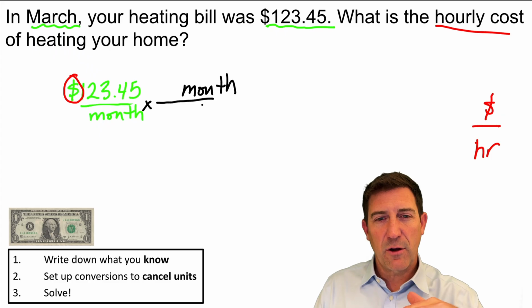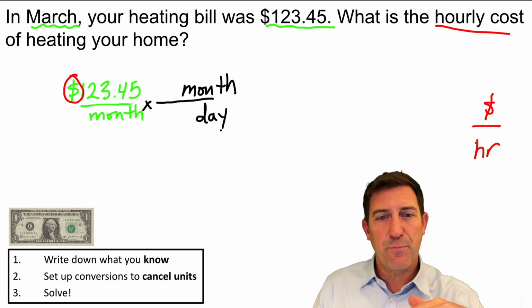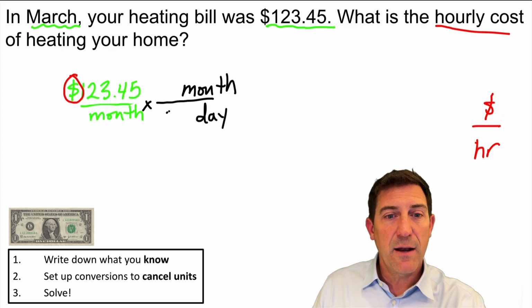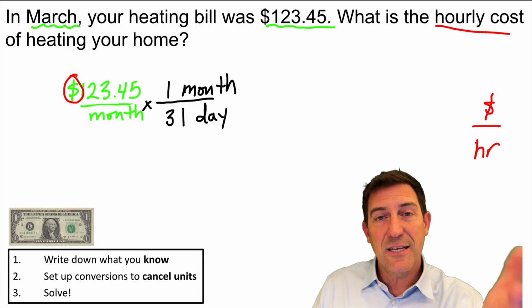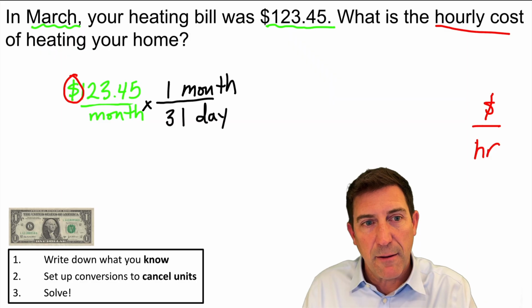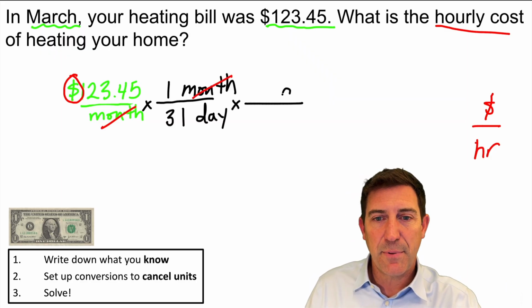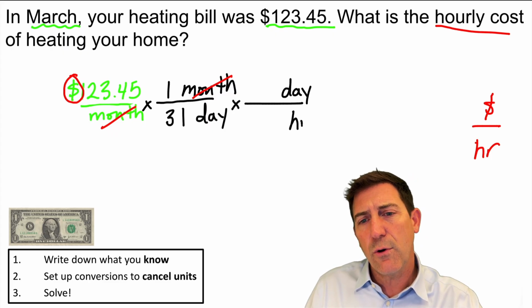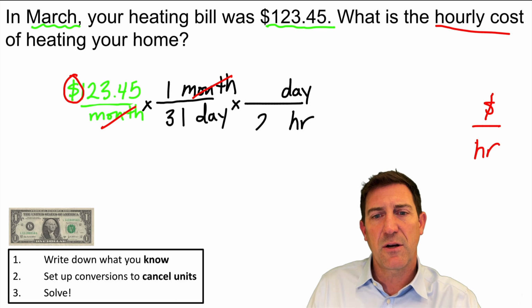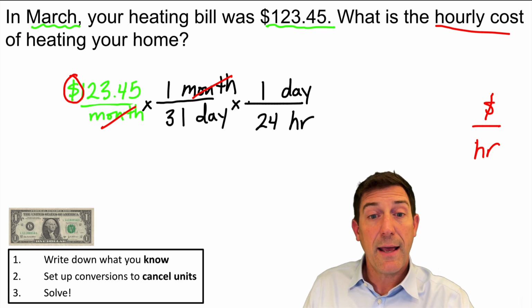What's a smaller increment than month? We just talked about it. Days is probably a good one. And we said, just so happens there are 31 days in this 1 month, this month being March. I'll put days up here because I have to have days on the top to cancel that days on the bottom. And I do know a conversion between days and hours because there are 24 hours in 1 day.